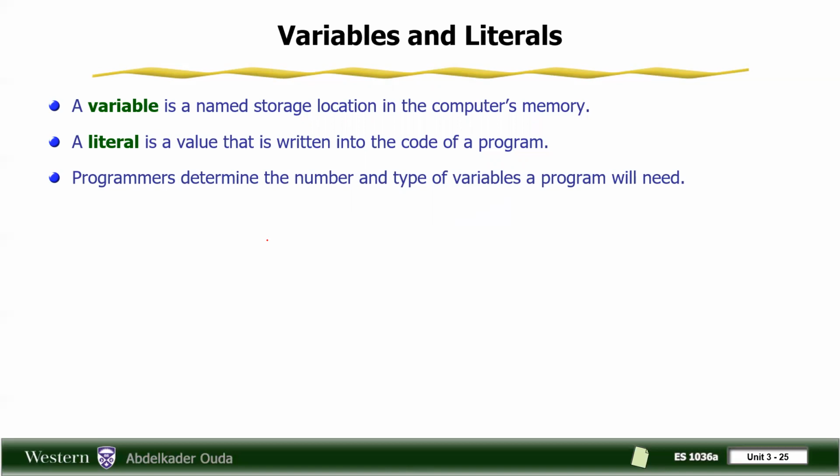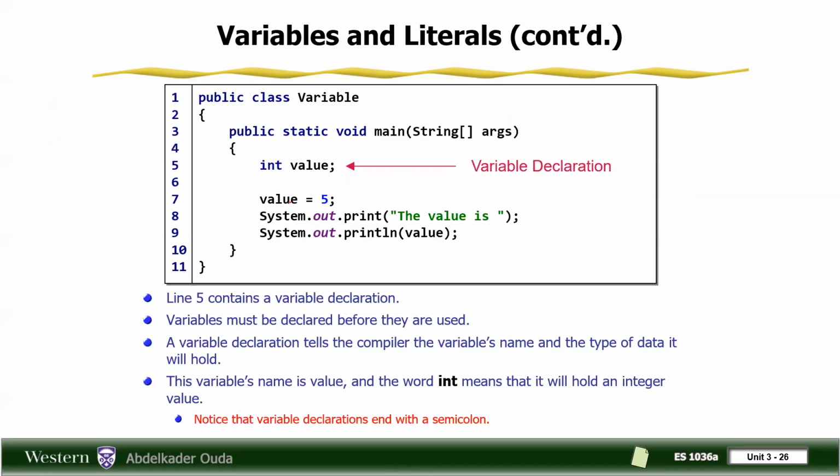A literal is a value that is written in the code of a program. Programmers determine the number and type of variables a program will need. So for example here, public class, we call it Variable.